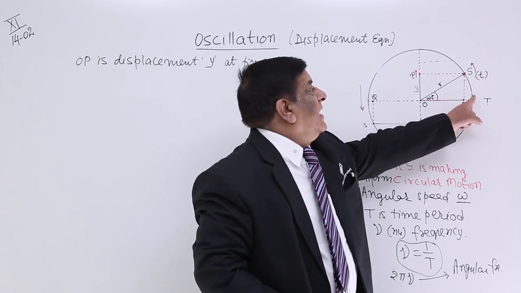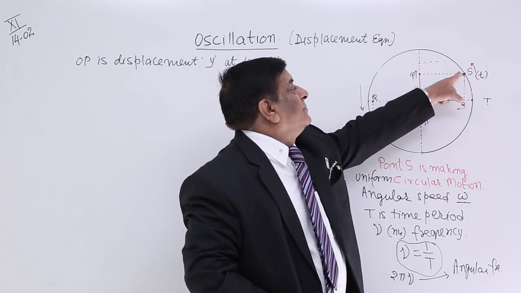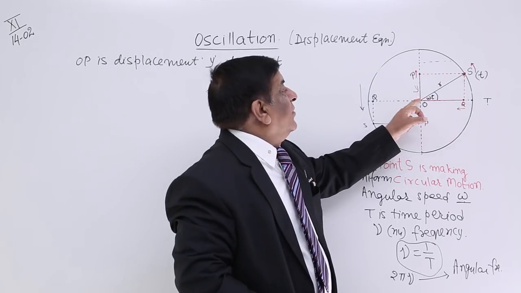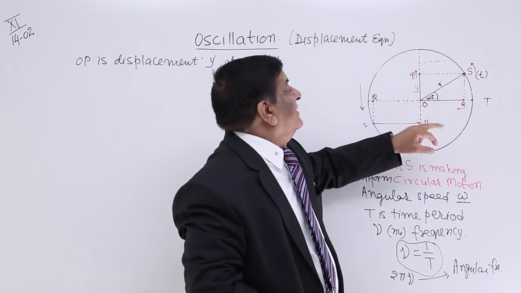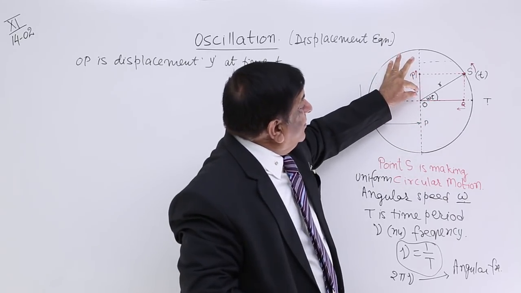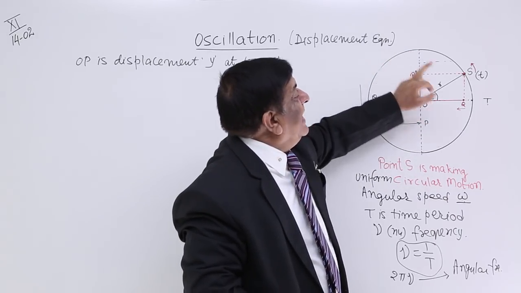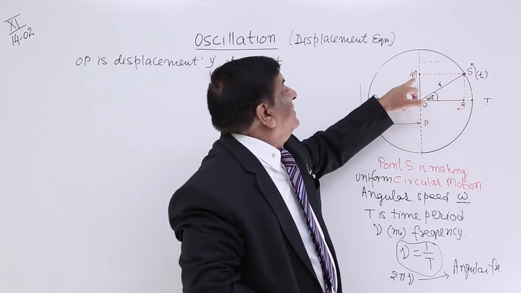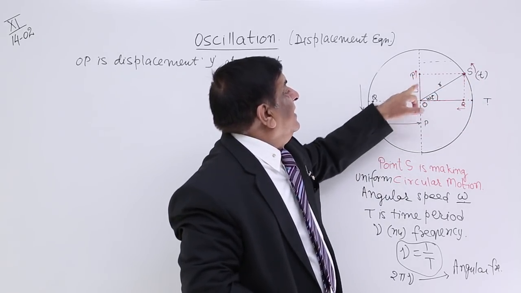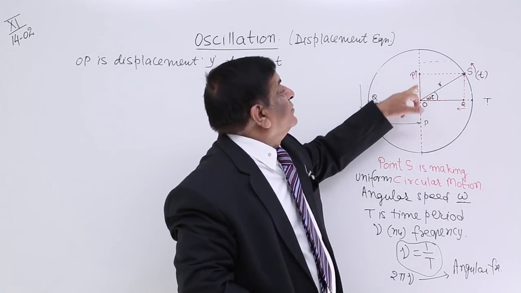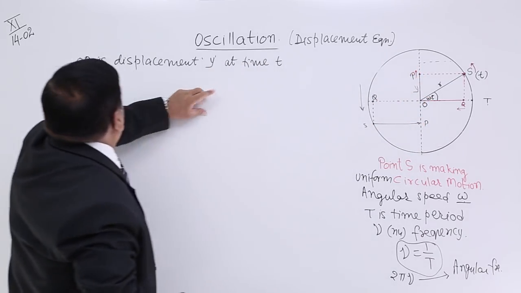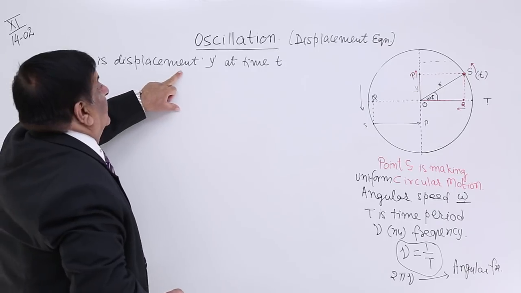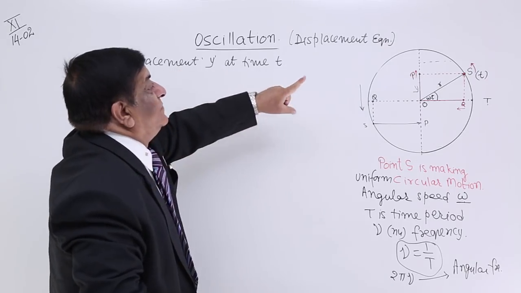From here it starts, the time t has passed. When it goes up, the value of y goes on increasing, so OP goes on becoming longer. At time t, the position is P here and this distance is known as displacement y.